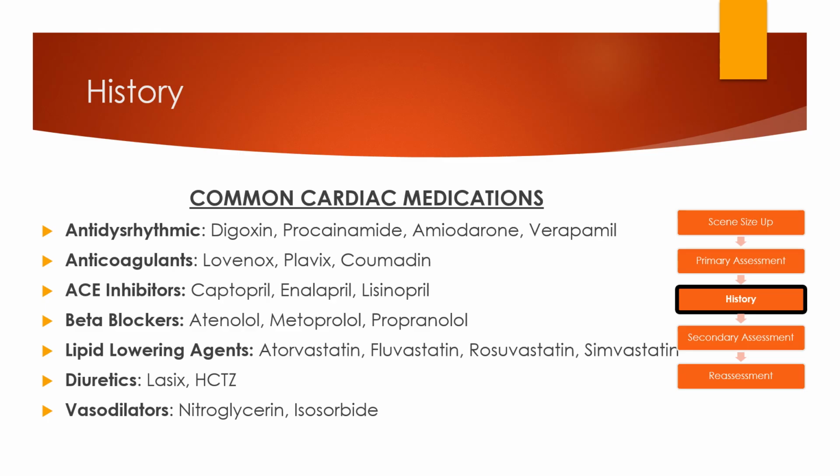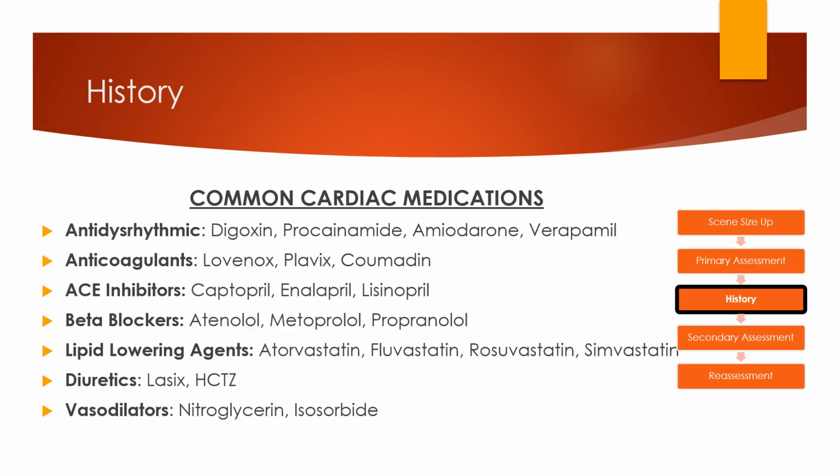Some of them are also alpha blocking medications, which will cause vasodilation. Okay, so atenolol, metoprolol, those are beta 1 selective with no alpha properties. Propranolol works on beta 1 and beta 2. Okay, there's not a good reason to block beta 2, but we hadn't gotten that good at making medications yet.